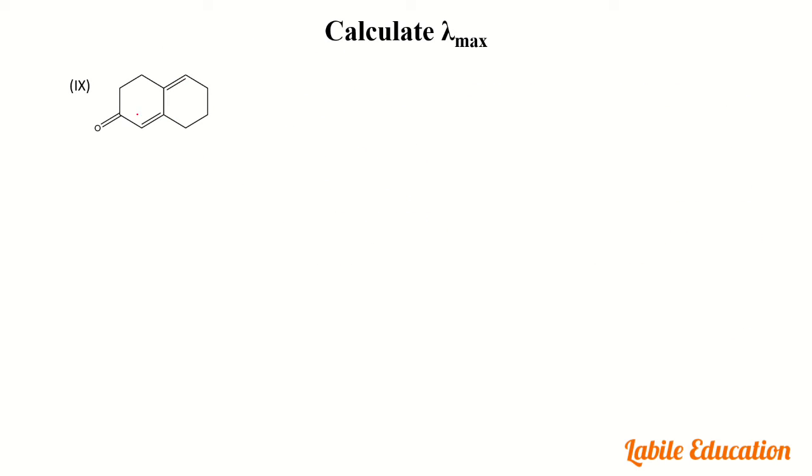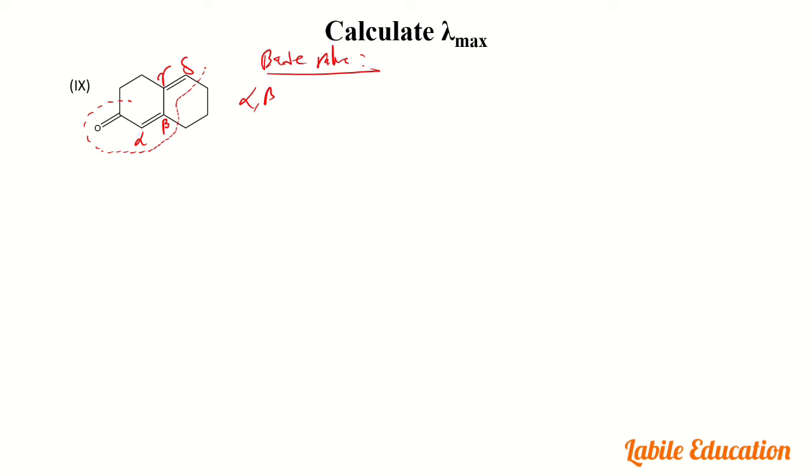Now this is another example. Here two rings are fused, and this is a cyclohexanone. So for the base value, this is alpha, this is beta, this is gamma, and this is delta. So the conjugated system is up to this. You can just mark it.